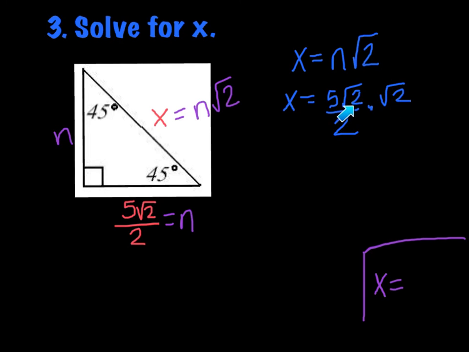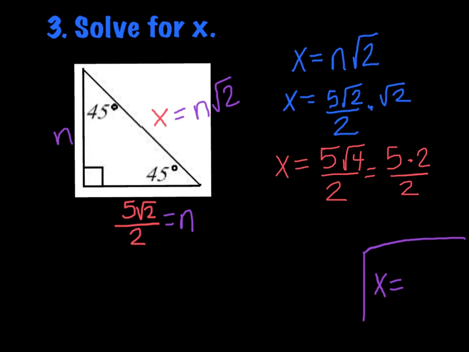So now we just have to figure out how do you multiply root 2 times root 2. Okay, so you just multiply the two radicals together. So the 5 stays. Square root of 2 times square root of 2 is square root of 4 over our 2 at the bottom in the denominator. Well, the square root of 4 is 2, so it's 5 times 2 over 2.